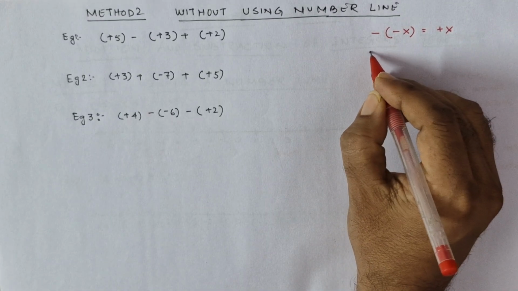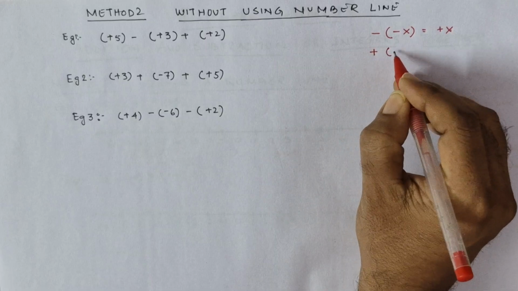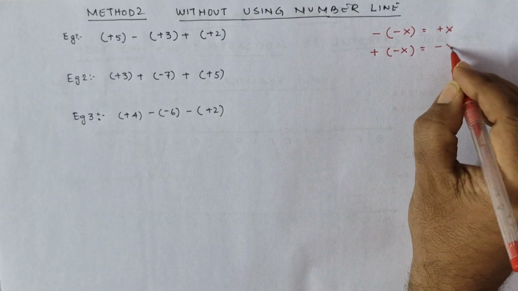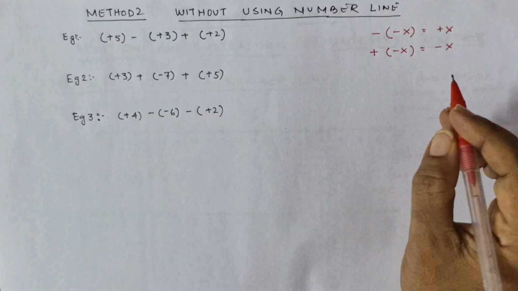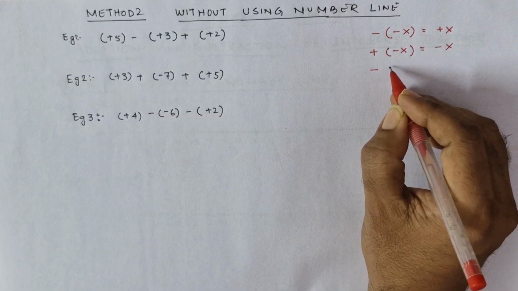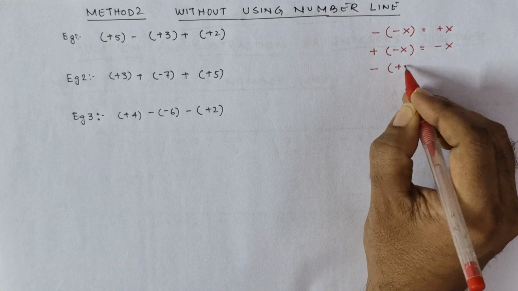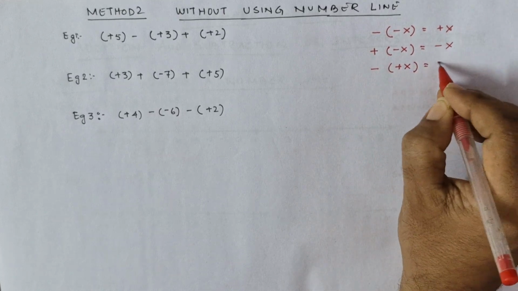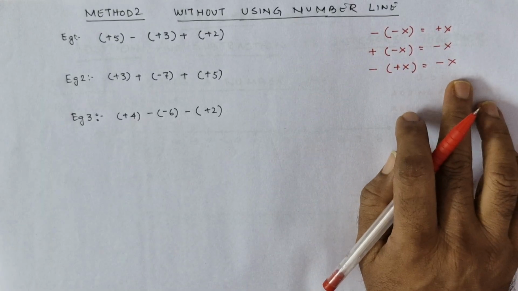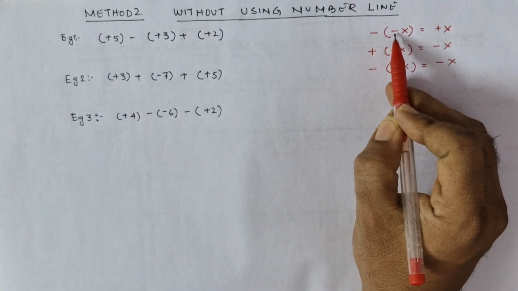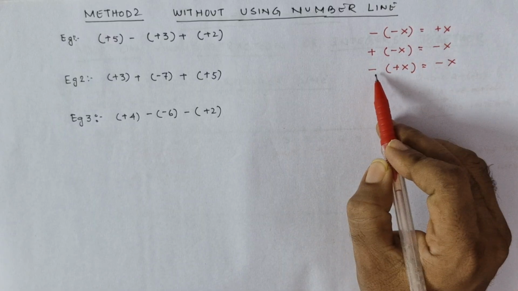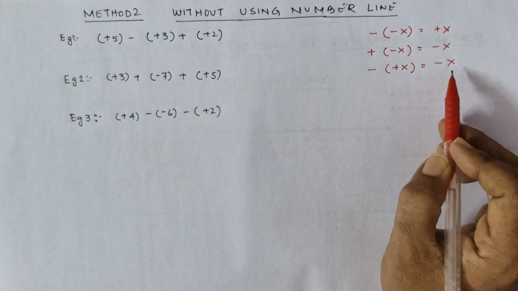If you have a plus of minus x, then it will be minus x. If you have a minus of plus x, then it will be minus x. So you just remember these 3 situations. Minus minus x is plus x. Plus minus x is minus x. Minus plus x is minus x.